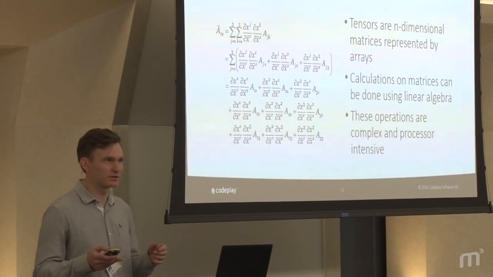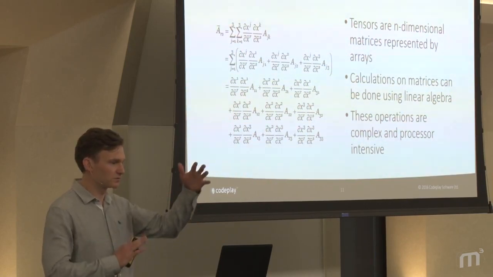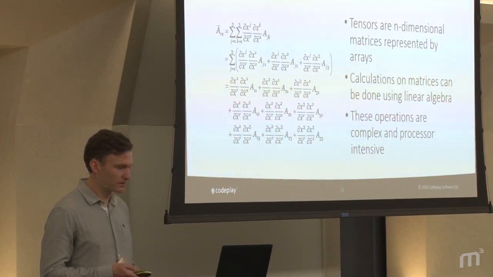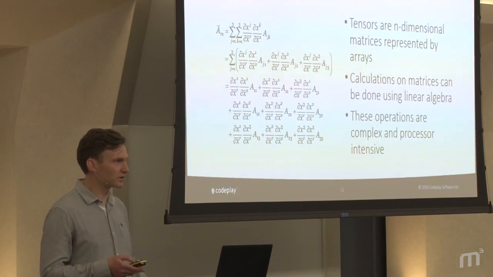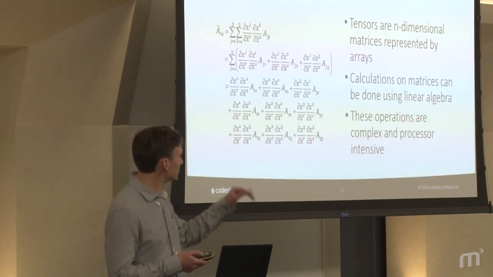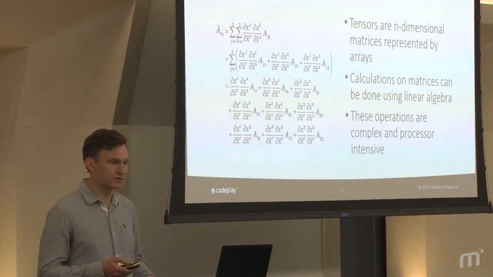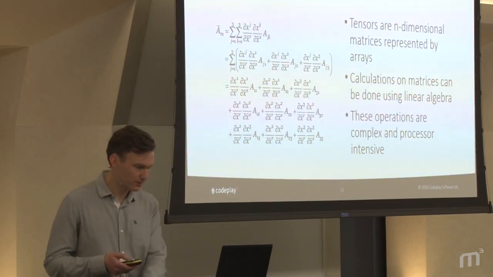You've probably seen in other talks they have these huge matrices that contain the data that you want to feed into your neural network. The kinds of operations that are done on those matrices are done using something called linear algebra. And these types of operations, as you can see, are quite complex, but that also means that they're quite processor intensive as well.